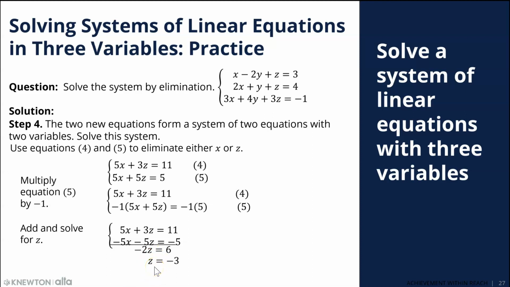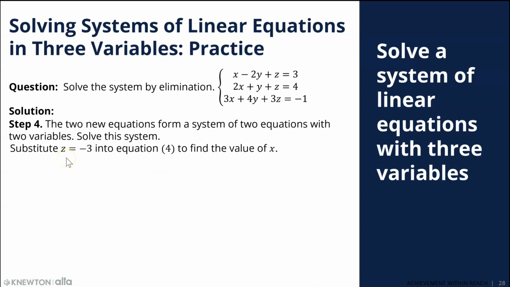Now to do that, we can substitute this value of z here into either one of the two equations here, because these two equations are already in terms of x and z only. So if you plug in z, for instance, to equation 4, you can solve for x.